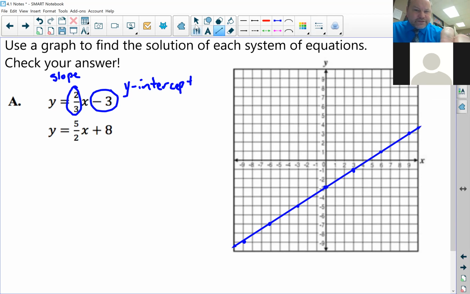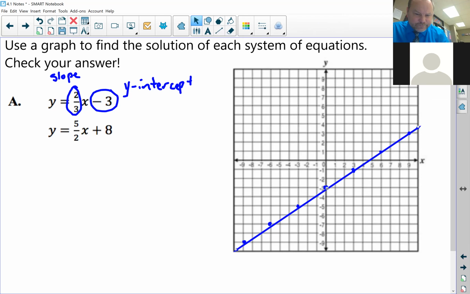And then I'm going to be as accurate as I can. The more accurate our graph is, the easier it's going to be to read solutions off of it. So when you're doing these problems, if you have a ruler, that would be great. Graph paper works well. Again, if you have the packet in the back, there'll be those blank graphs that you can use.